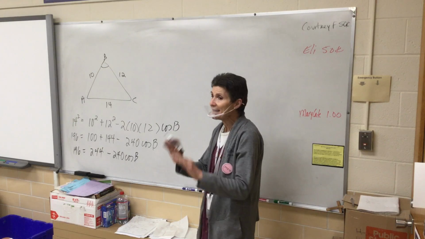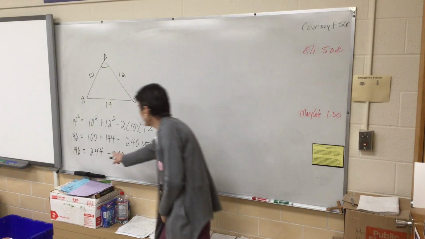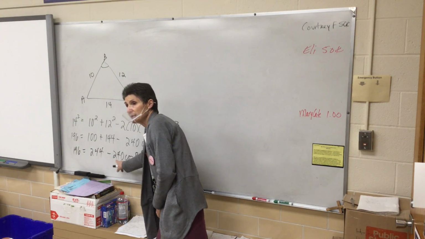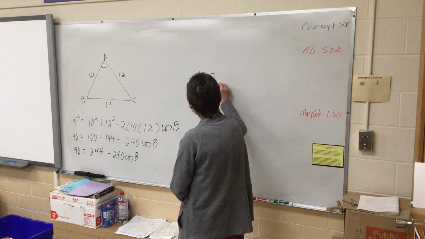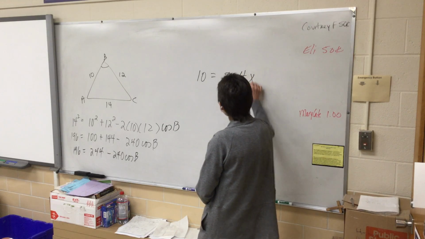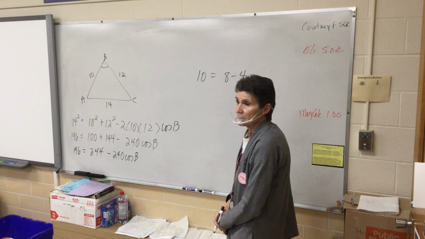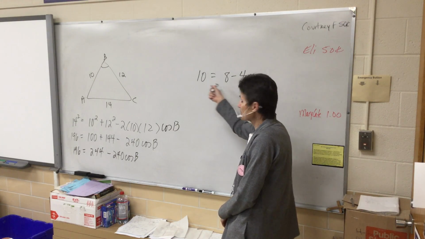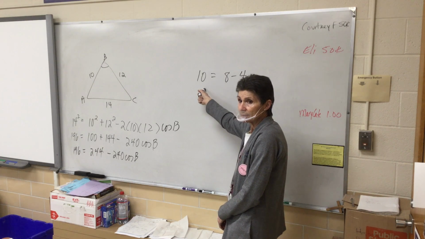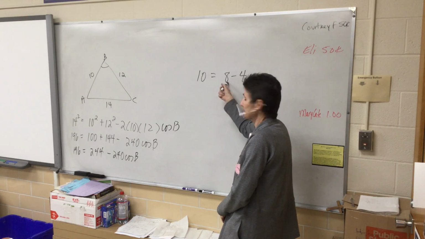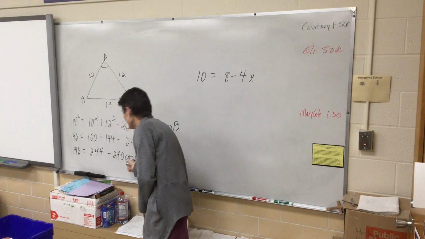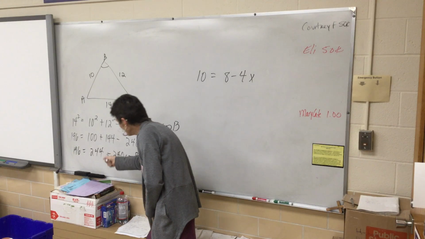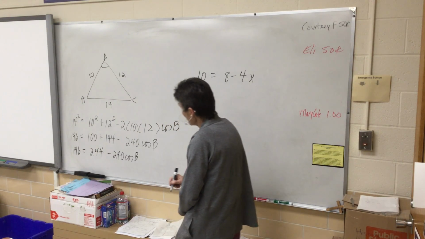Now, what I cannot do is combine these two numbers. Kids, this is like having an equation that says 10 equals 8 minus 4x. In that equation, wouldn't you subtract the 8? You wouldn't combine these, right? They're not like terms. This has a cosine. So you're going to move the 244 to the other side.